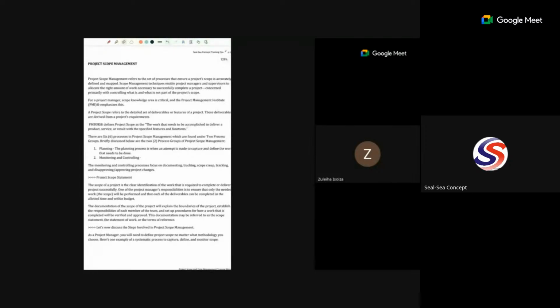So the project scope, okay, let me underline for you so that you can see what I'm addressing. A project scope refers to the detailed set of deliverables or features of the project. And we are saying that these deliverables are derived from the project requirements. So there are so many things in the project scope.